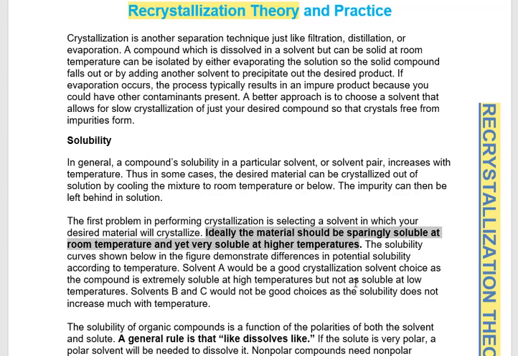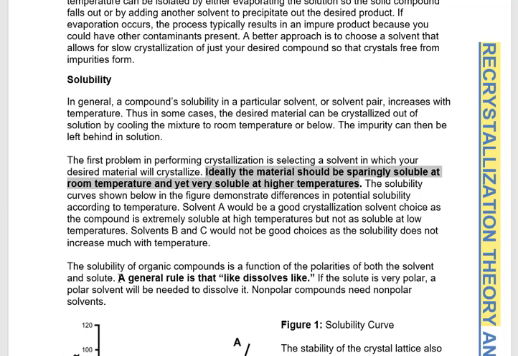For instance, you're going to see something like that for your unknown. You're going to dissolve your unknown in one of those three solvents, and you're going to see a lot of the solid disappear, but some of it is going to stay behind, and that's because there are impurities in that compound mixture that won't dissolve.